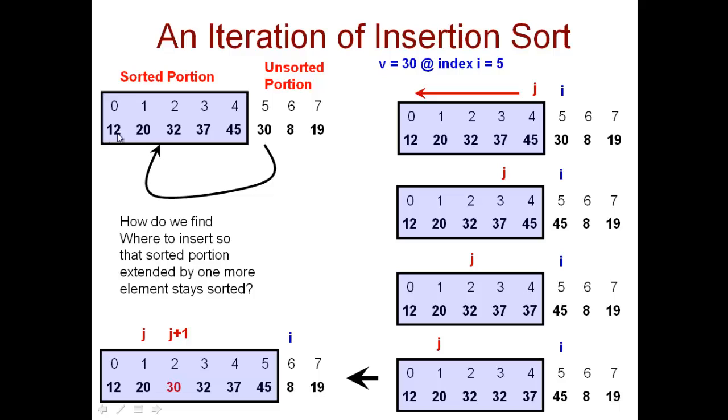So this is, say, the sorted portion that we have accomplished so far, and this is the unsorted portion.